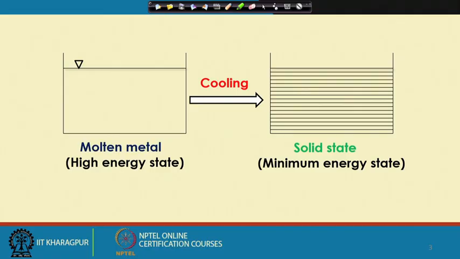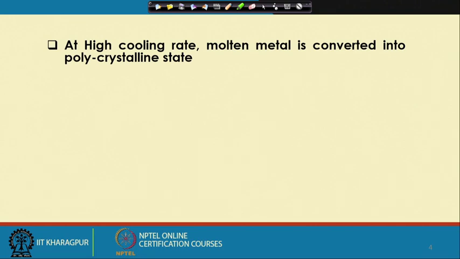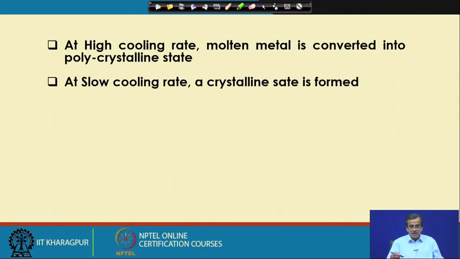So, let us try to investigate that first. At high cooling rate, the molten metal is converted into the polycrystalline state. On the other hand, if I just go for the slow cooling rate, so I will be getting a single crystal for this particular metal.